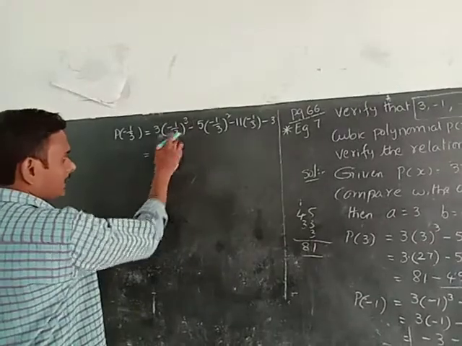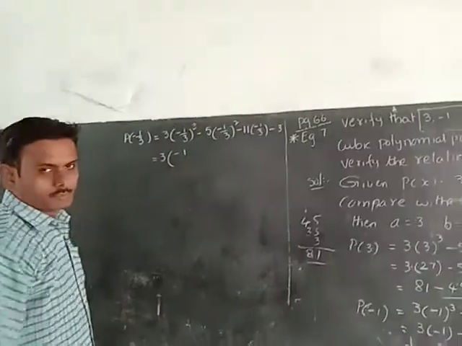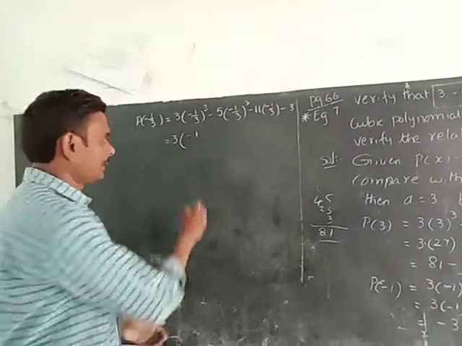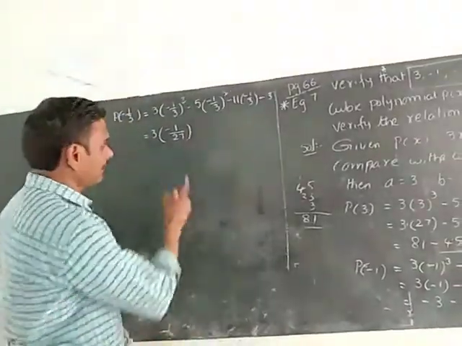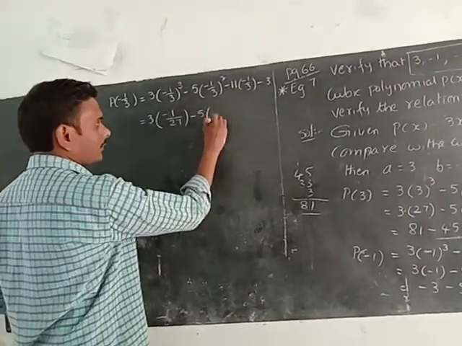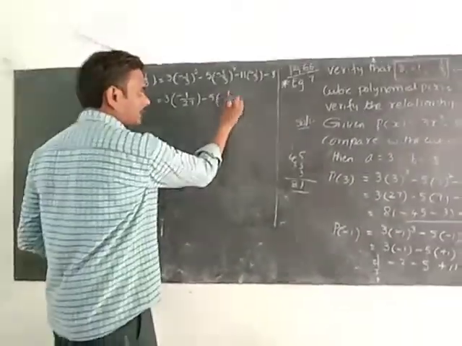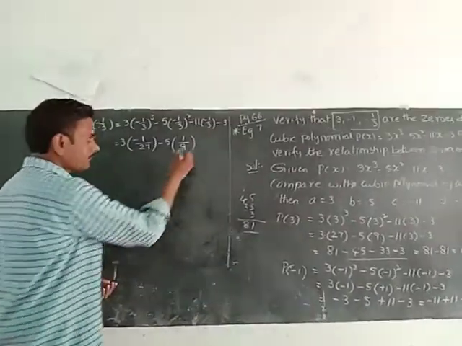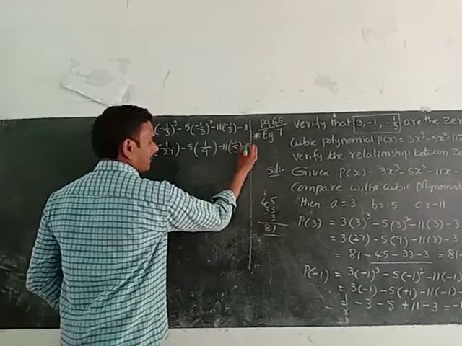Now we expand this one. Minus 1 cube means minus 1 only: minus 1 into minus 1 into minus 1. 3 cube means 27, which we already did previously: 3 into 3 into 3, 9, 9 threes are 27. Minus 5 into minus 1 square means 1 into minus 1 into minus 1, plus 1 by 9. Minus 11 into minus 1 by 3 minus 3.